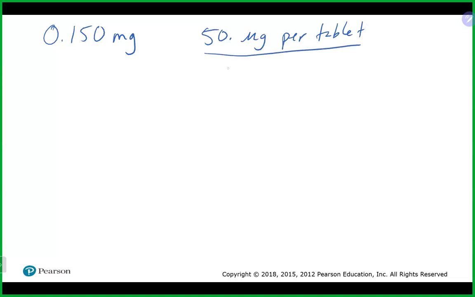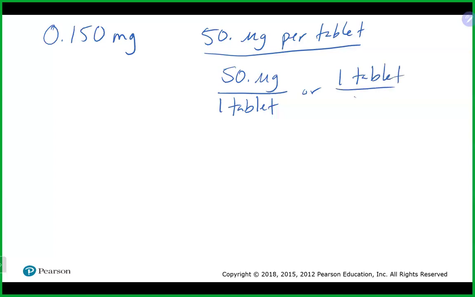So that's a conversion factor that we could get, micrograms per tablet or capsule, or we could flip it around. One tablet is 50 micrograms. So that is how the medicine comes, and it's what's going to allow us to convert from the dose we need to give them to how many tablets we should give them.